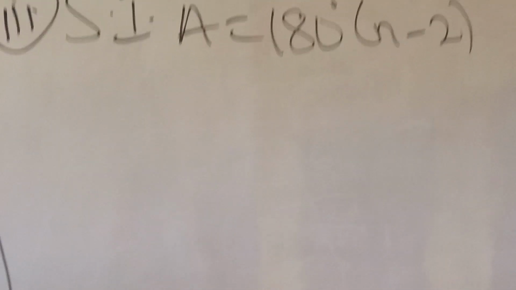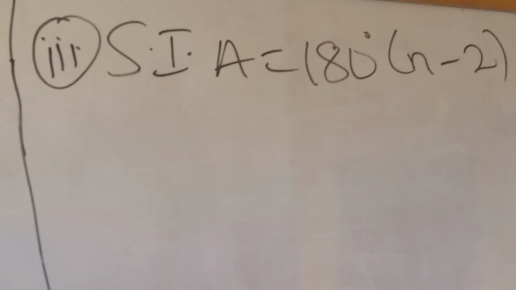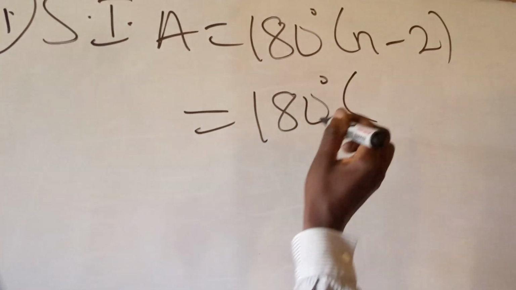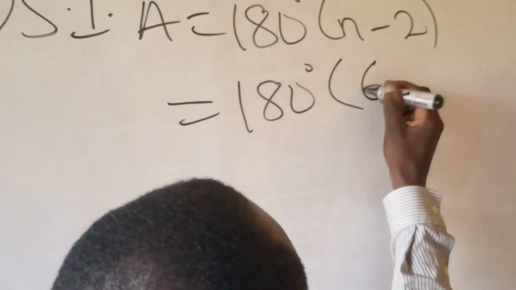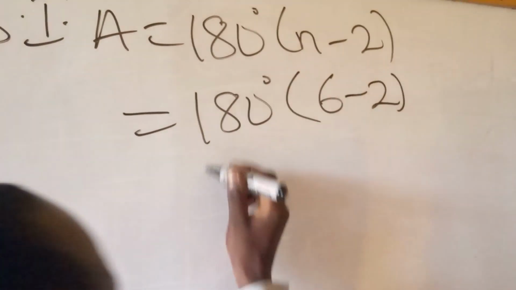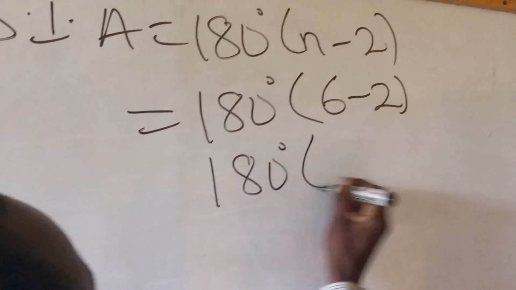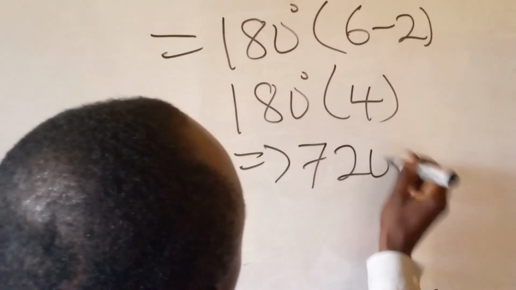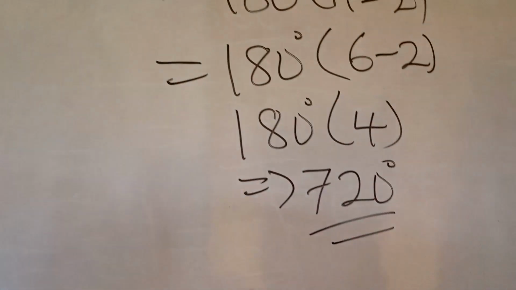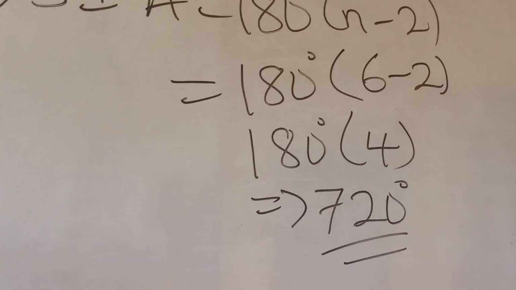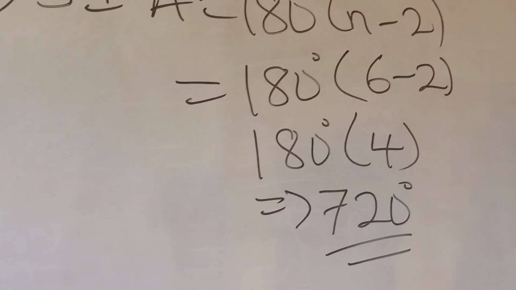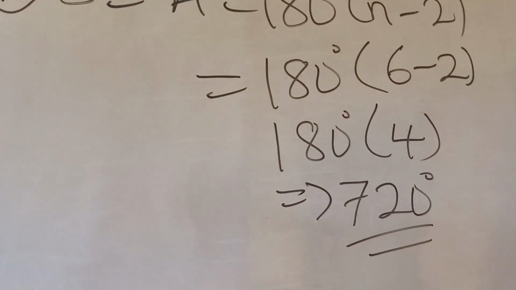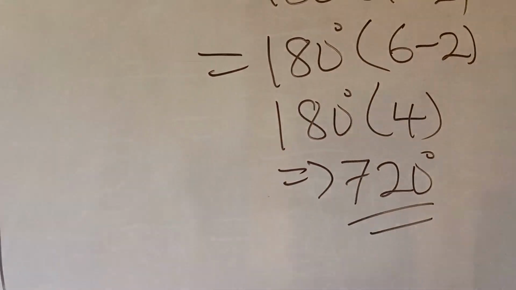I believe now we all know these formulas. 180, and our n is 6. 6 minus 2. 180 times 4, we are getting 720 degrees. That's the formula approach. Let's move on to the application approach.